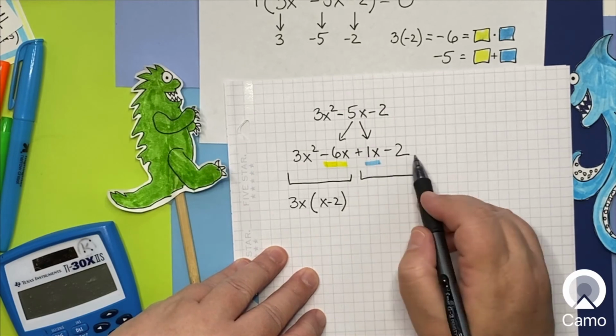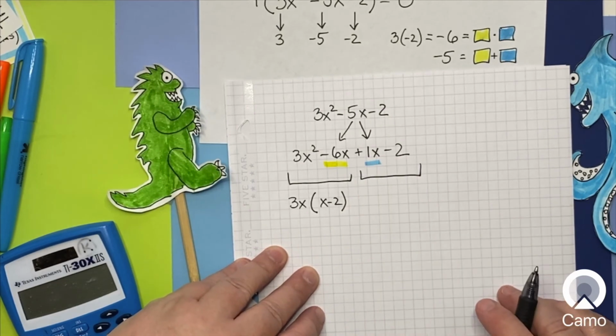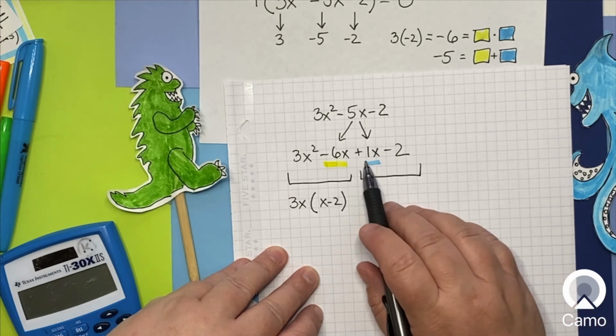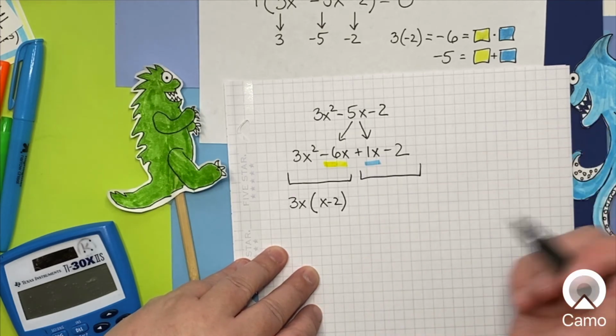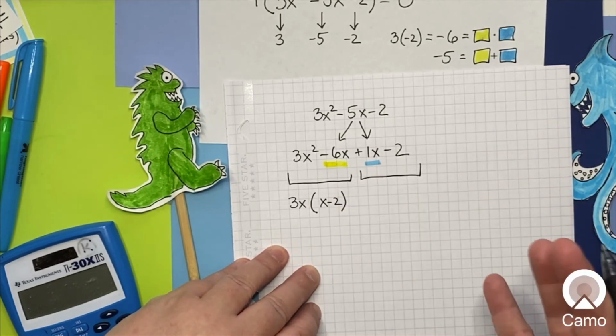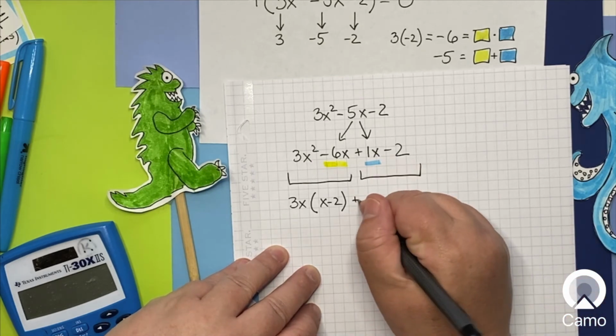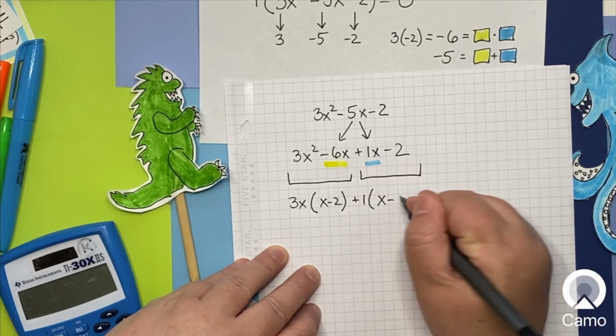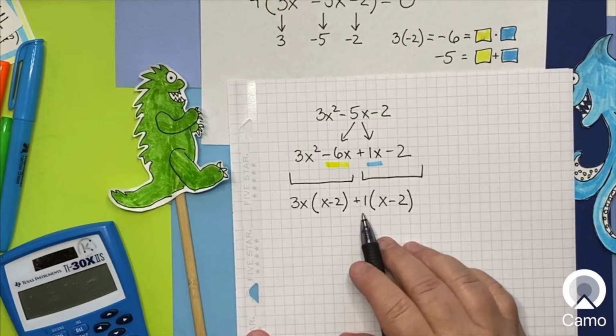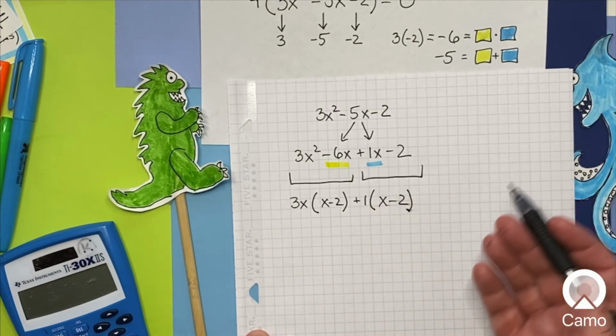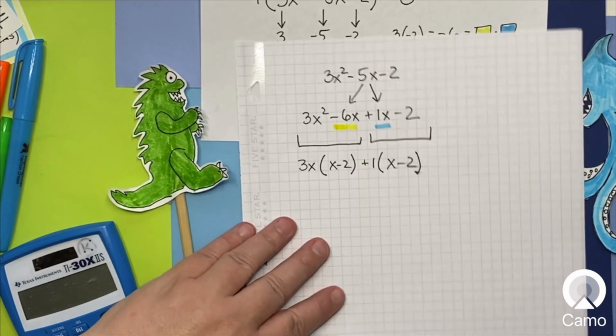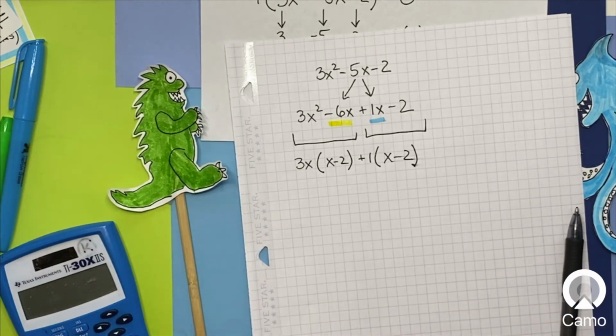And then here, I look at these two and I go, oh no, there's nothing common there. Uh-oh, I've got a 1x and a minus 2. What's common? If nothing matches up, you just put in a 1, because 1 times x minus 2 is x minus 2. But then these two do match.